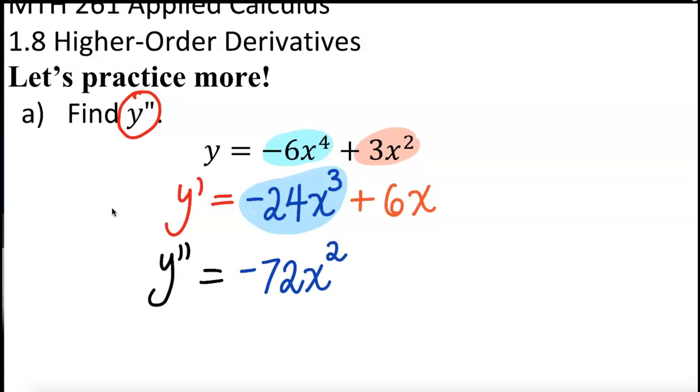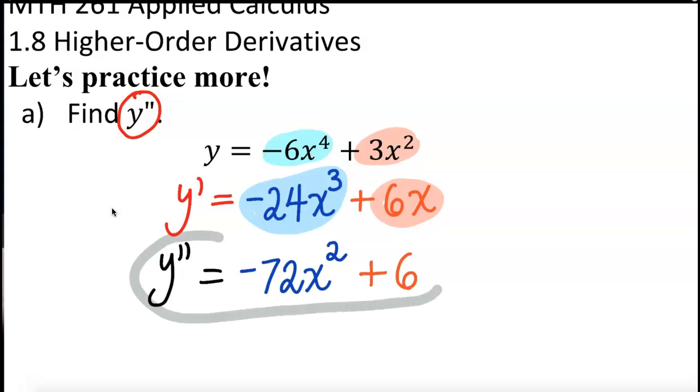And going to the next term, the derivative of 6x is simply plus 6. So we found it. The second derivative is negative 72x squared plus 6. So this one, we were just using power rule to go from first derivative to the second derivative.